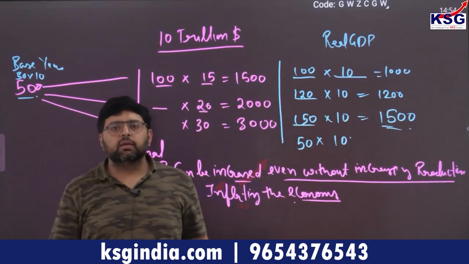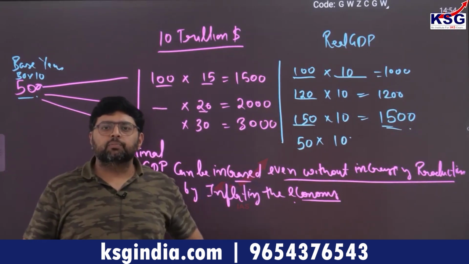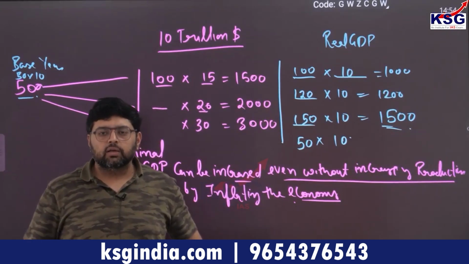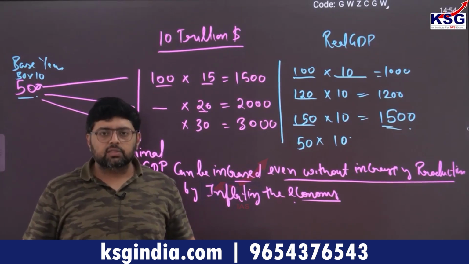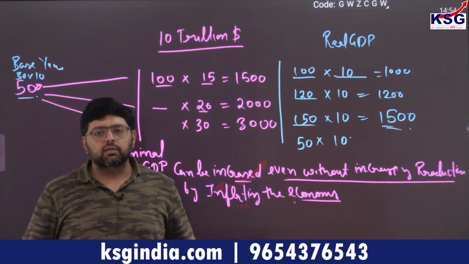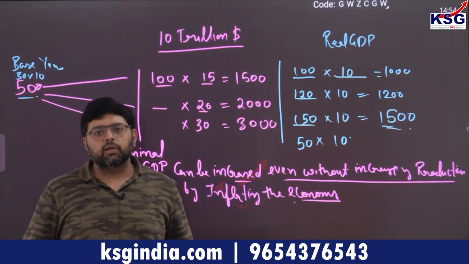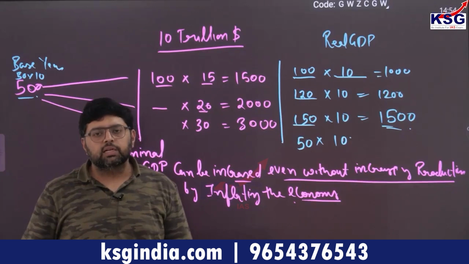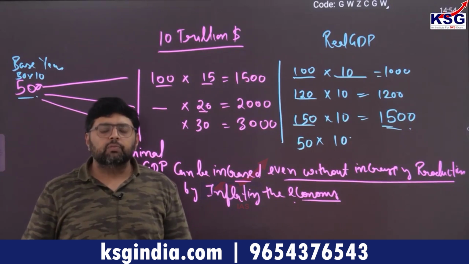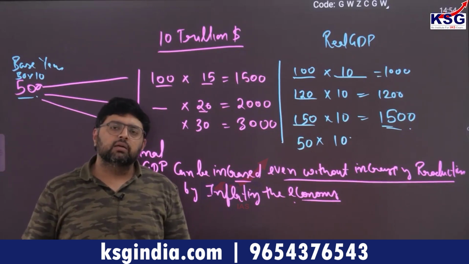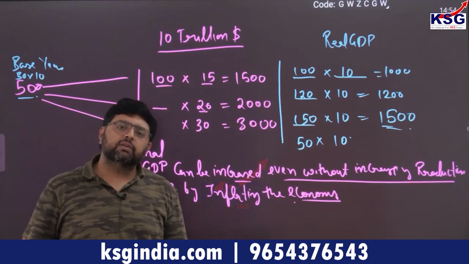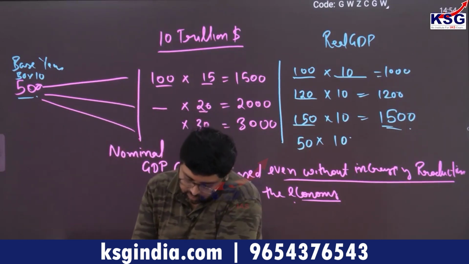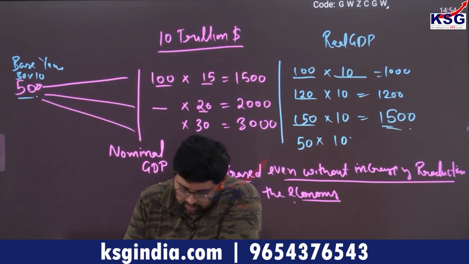But when I give this statement, we assume that production is not reduced, that at least whatever production we have in the base year, the same production we have in the current year. So this statement comes with a condition: normally nominal GDP will be more than real GDP, and this will be only when we assume that whatever production of goods and services we have in the base year, the same we have in this year also. Okay, clear? Is it clear to everyone?